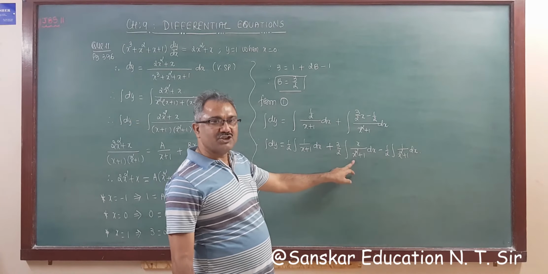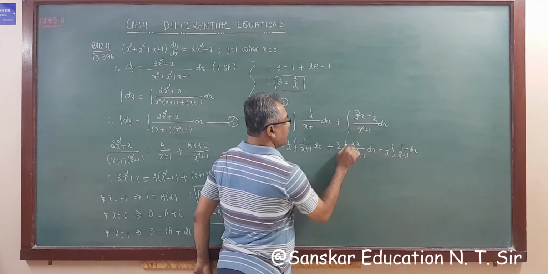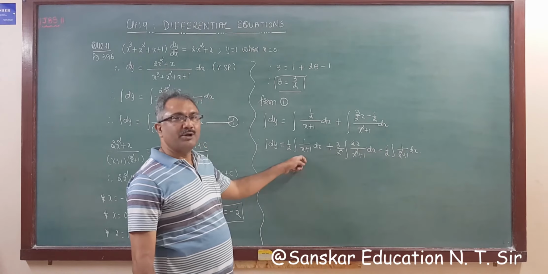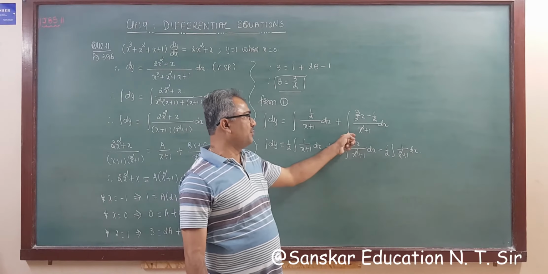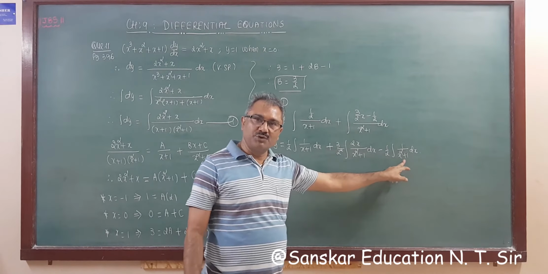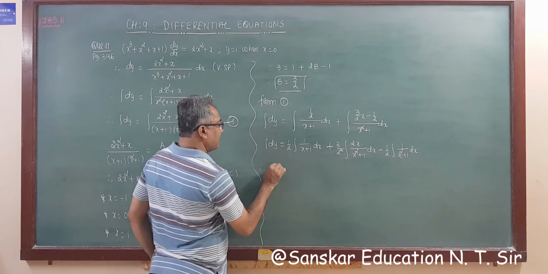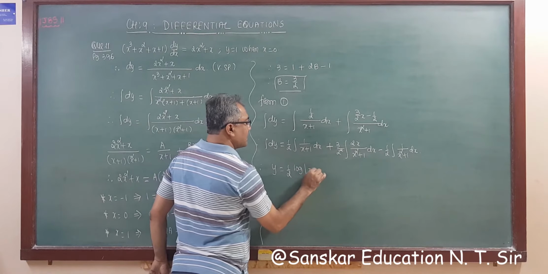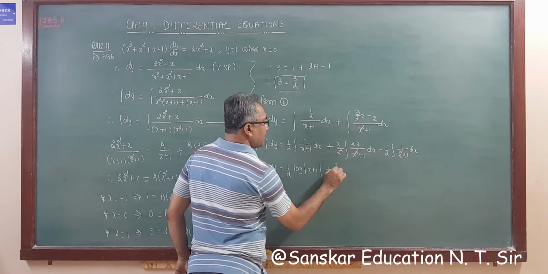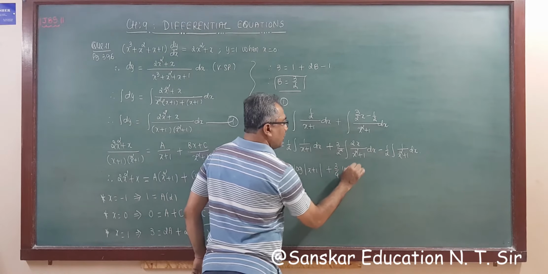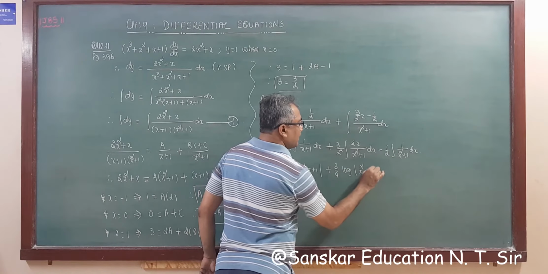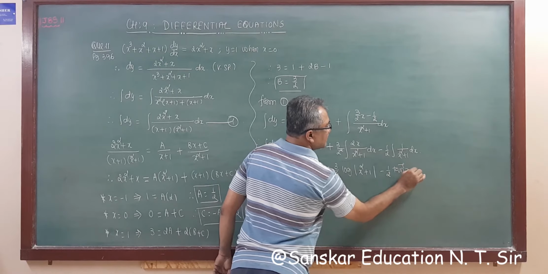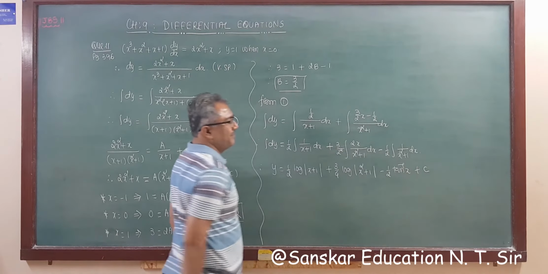Now the derivative of the denominator is 2x, so divide and multiply by 2. The derivative of the denominator is in the numerator, and the last one is the tan inverse formula that you know. So integrating we get y is equal to 1 upon 2 log mod (x + 1) plus 3 by 4 log mod (x² + 1) minus 1 upon 2 tan inverse x plus arbitrary constant c.